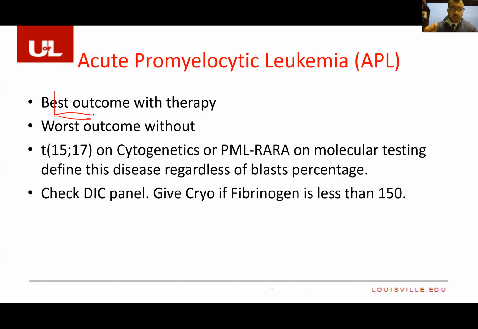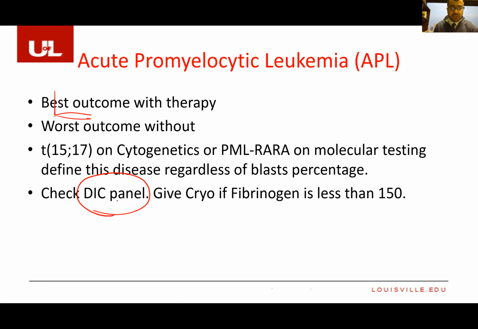When we suspect it, we give ATRA until we get the cytogenetics showing the translocation 15;17 or PML-RARA on the molecular testing. As Dr. Salem mentioned, DIC is a big concern in acute promyelocytic leukemia, more than in other leukemias.